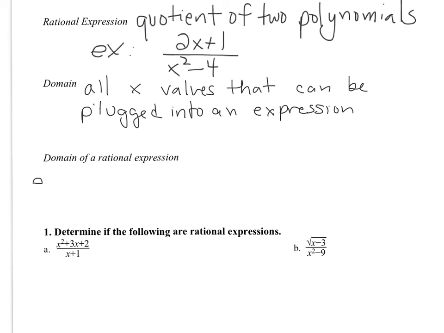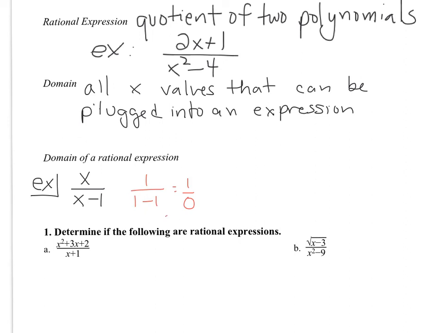Let's just look at, before I give you the definition of a domain of a rational expression, let's just look at an easy one. X over x minus 1. Now, if you think about it, what x can you not put into here? Well, I know I cannot put 1 in here, because if I plug 1 in for x, I'll have 1 over 1 minus 1, which is 1 over 0.